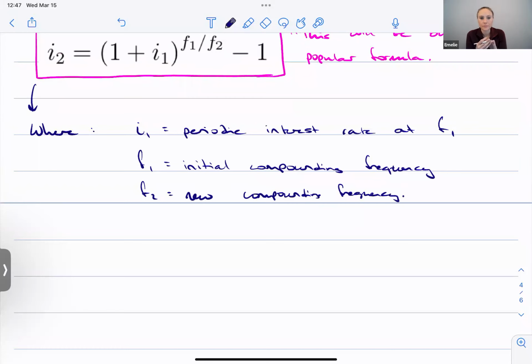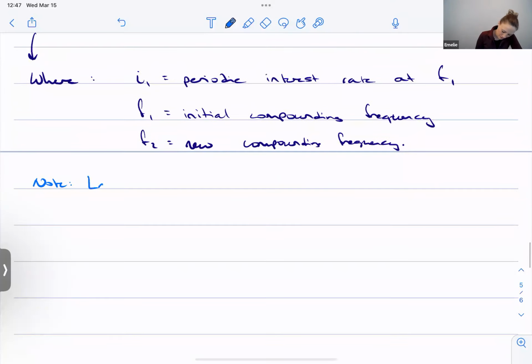Let's make a note. F2, later, is going to match the payment frequency. Note: later, F2 will be the payment frequency.